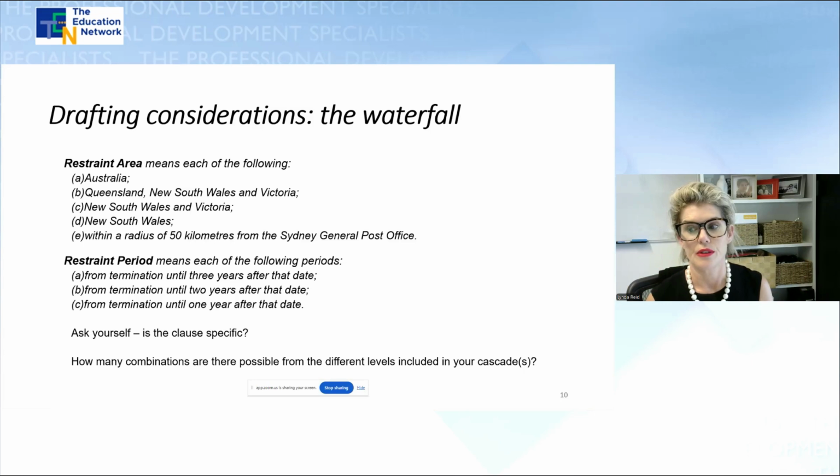So we have these types of clauses in place to deal with the fact that we've got the blue pencil test, or whatever you'd like to refer to it as. That means that a court can just strike out the part that it doesn't like and the rest of the clause will still be enforceable. But having said that, in New South Wales, we use this type of drafting as well.